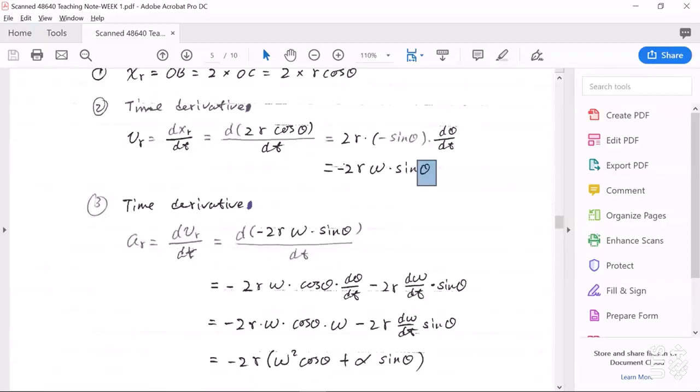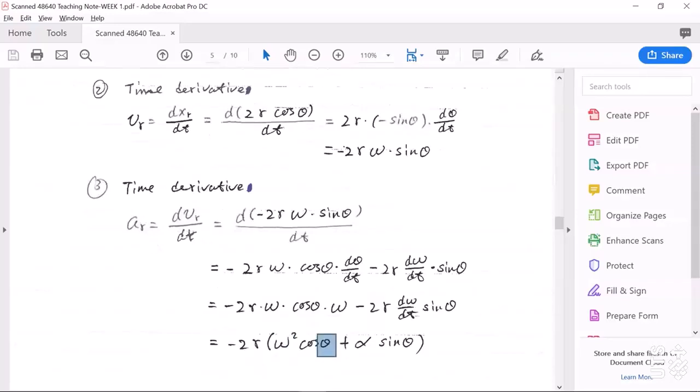And finally, the relationship between the acceleration of this rod and the angular acceleration of this cam, angular velocity of this cam, and the angular displacement of this cam. So that's the results we obtained using absolute motion analysis.